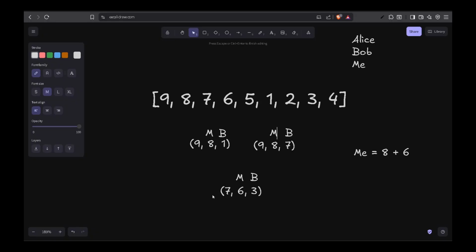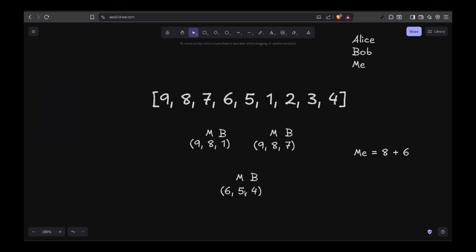In that case, 9 and 7 gone, 6 would be the highest. That means if we have to arrange this, it will be like 6 and 5 and whatever 4. Then I would have gotten a 5 instead of a 6, where I could have gotten a 6. So that is the logic of this question, right?